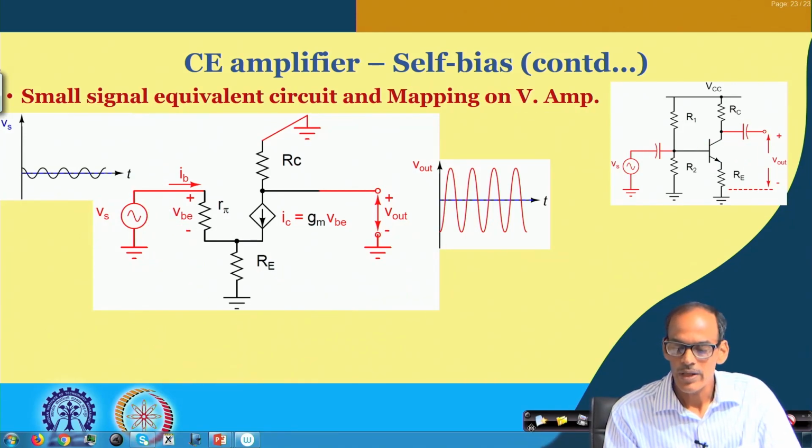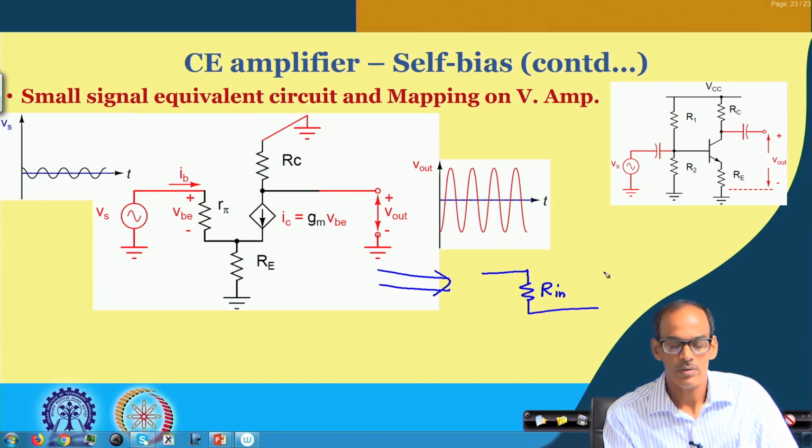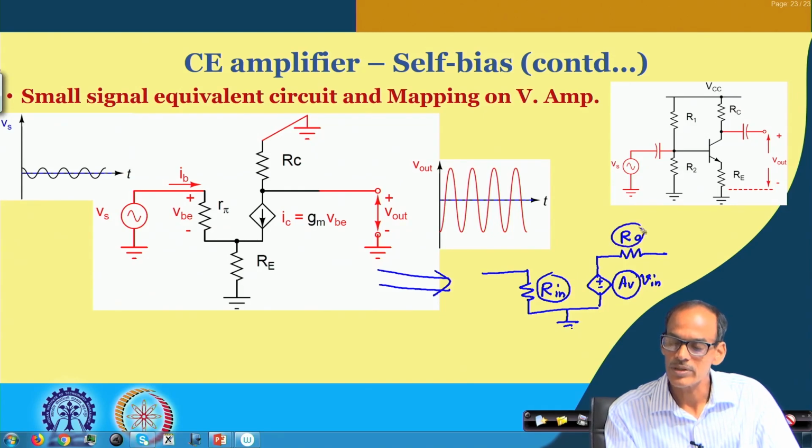You may recall that whenever we map this circuit into a voltage amplifier, at the input we have the equivalent resistance called R_in, and then we also have the voltage controlled voltage source, namely A_V times V_in, and then we have the Thevenin equivalent resistance, right. So, we obtained this parameter now, and we would like to get the other two parameters of this model.